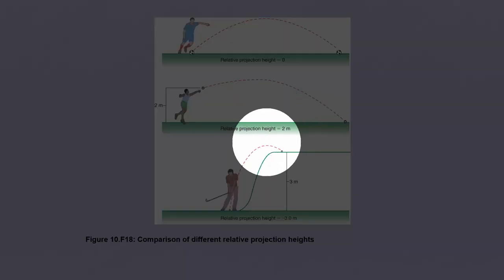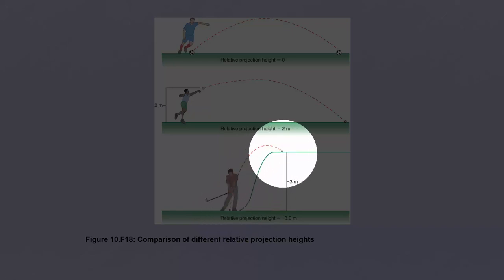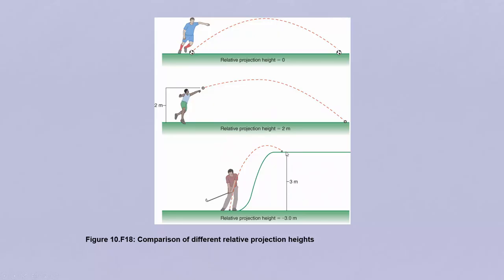At the other extreme, this is an example where the person is going from the ground into a target that in this case is 3 meters above the ground. So its trajectory is cut off, if you will. So it obviously has a lower flight time in that case. In the next video, we'll show you mathematically how we use angle, velocity, as well as height in order to determine displacement and flight time.